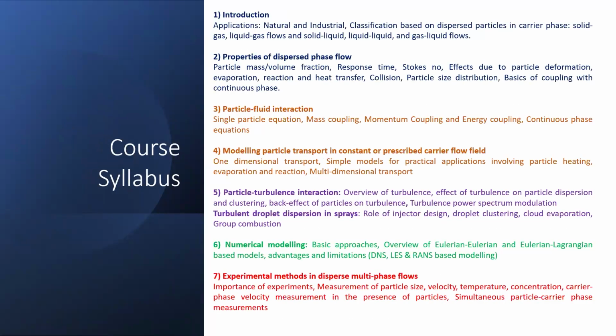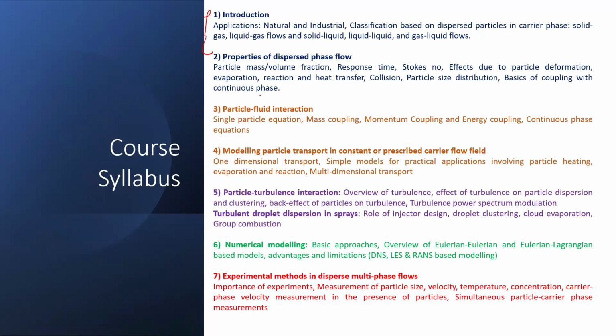And this is the syllabus of the course. As I said, there are 5 modules, and each module is shown in a different color. Here, this part we have already discussed. I have already given you an introduction to multiphase flows.